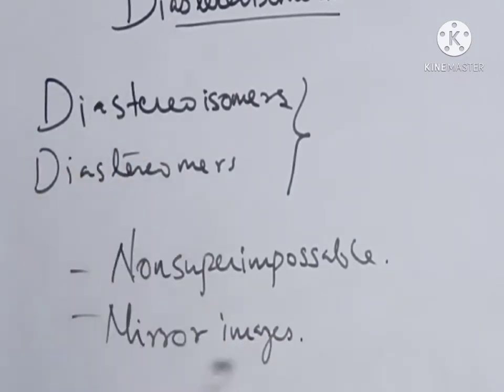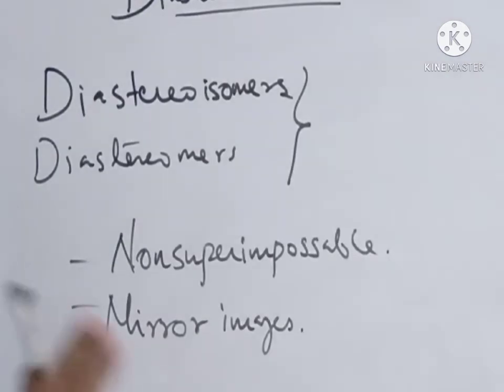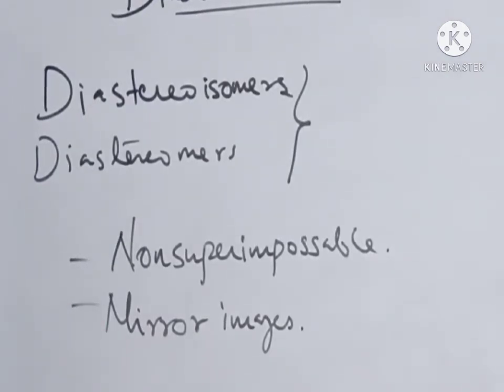So the diastereoisomers are non-superimposable stereoisomers and not related as object and mirror image.